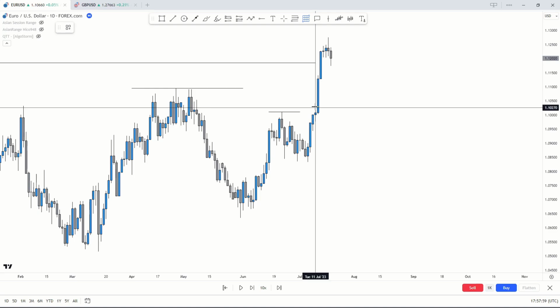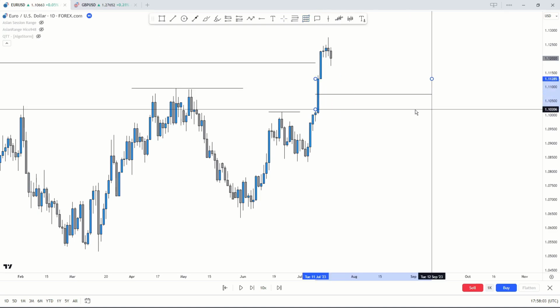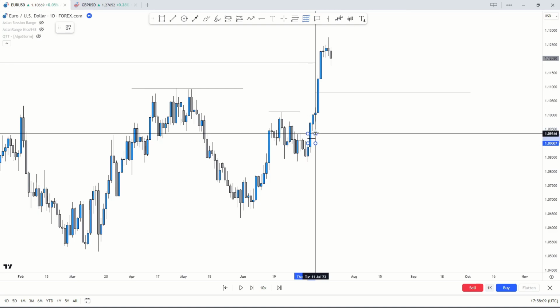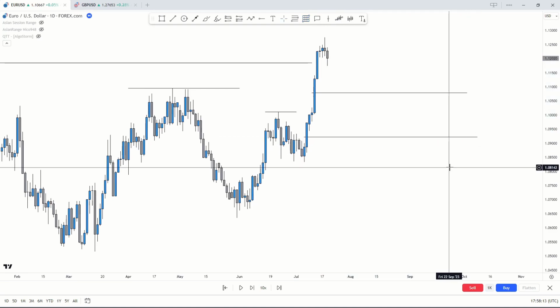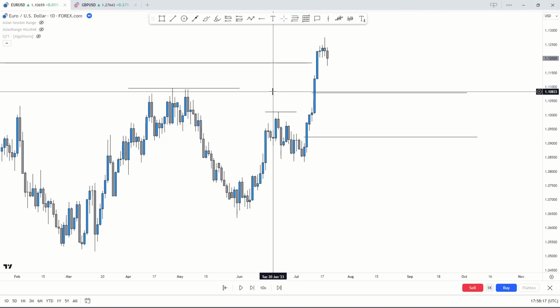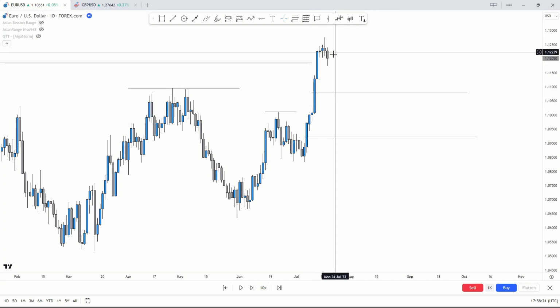The first thing that I can notice is this little fair value gap right here. So I will mark it up and get the 50% level right there. I will also do the same thing with this fair value gap right here. So we've got the 50% here, and the 50% here, right? These are the points that I think price is going to retrace to when we get our entry.